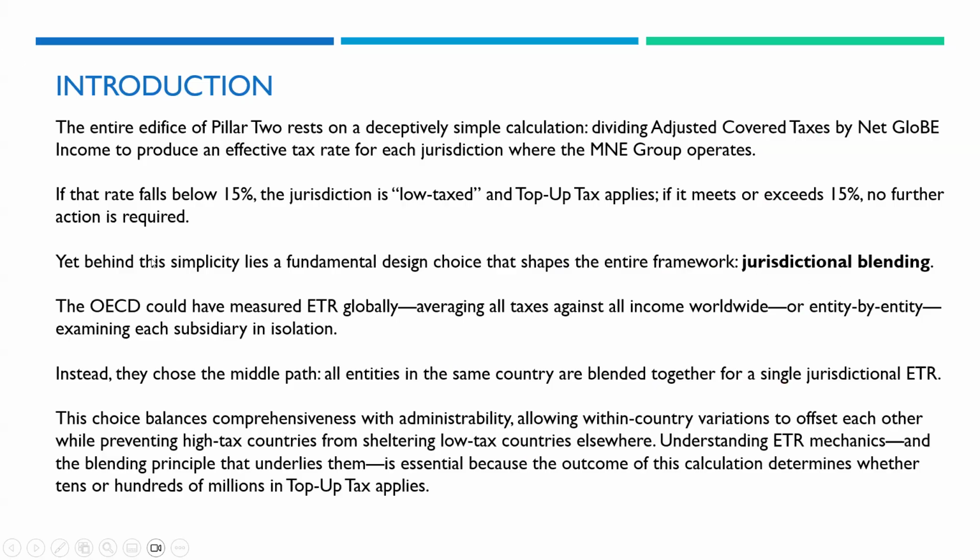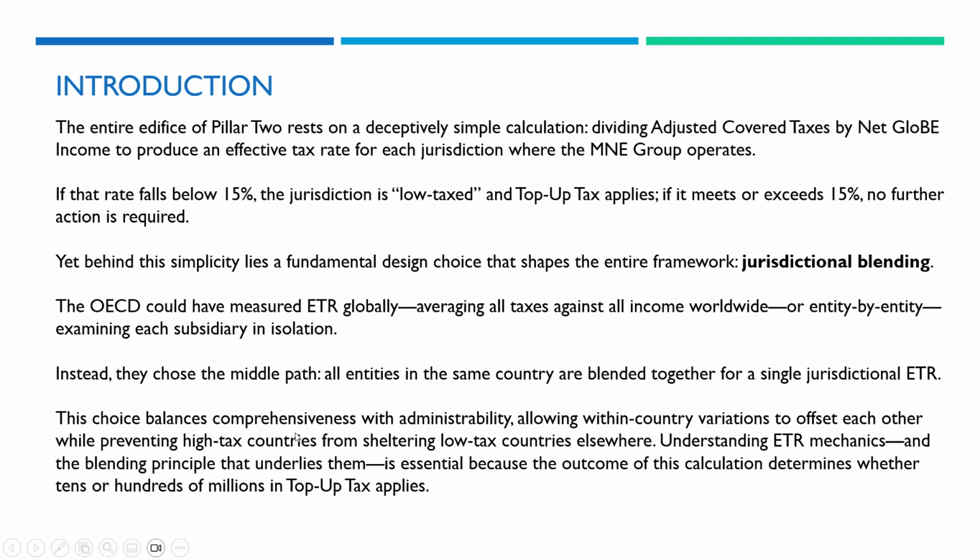Now, what is this? These are the words of your textbook explanation that I just gave you. The OECD could have measured ETR globally, averaging all taxes against all income worldwide, or by entity, examining each subsidiary in isolation. Instead, they chose the middle path. All entities in the same country are blended together for a single jurisdictional ETR.